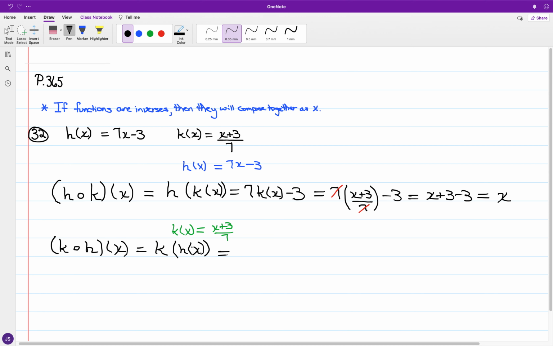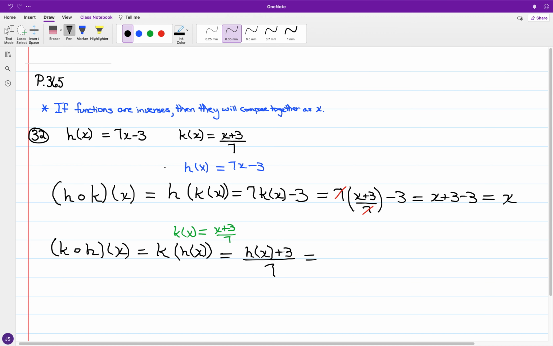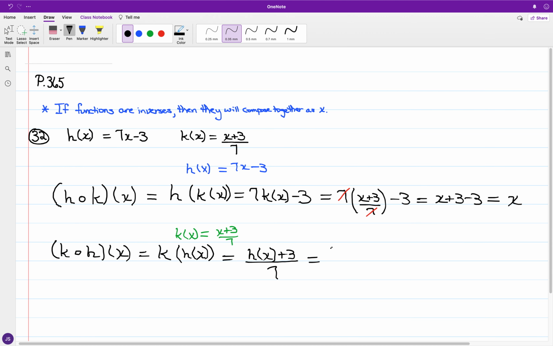In this case the input is h of x, so we have h of x plus 3 all over 7. Putting in the expression that defines h of x, we have 7x minus 3, followed by the addition of 3, all over 7.